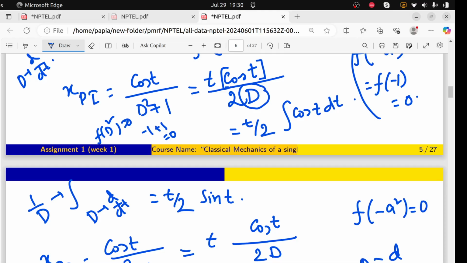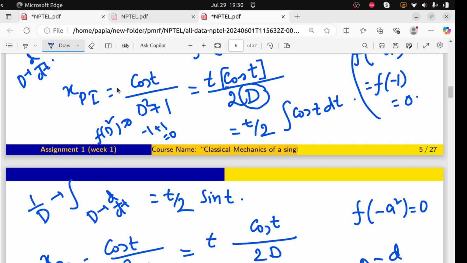But here, after doing the derivative, I am getting d, not d square. So for this case, I will just eliminate d by anyhow, and I know that d is derivative, 1 by d is integration. So as I am getting 1 by d of cos t, I am taking the integration of cos t over dt. Okay. So then the answer is there, t by 2 sin t.